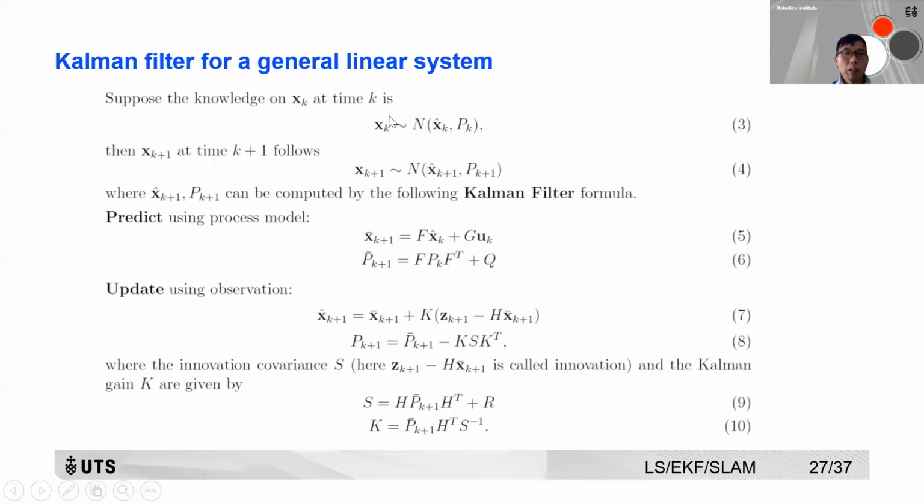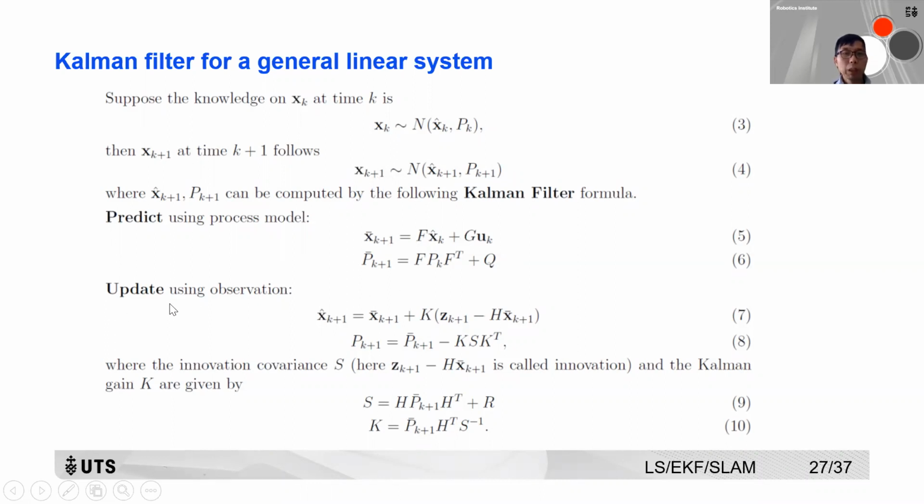Starting from any mean value and covariance matrix at time k, we can calculate the mean value and covariance matrix at time k+1. In the prediction step using the process model, roughly speaking, you enlarge the uncertainty covariance matrix.